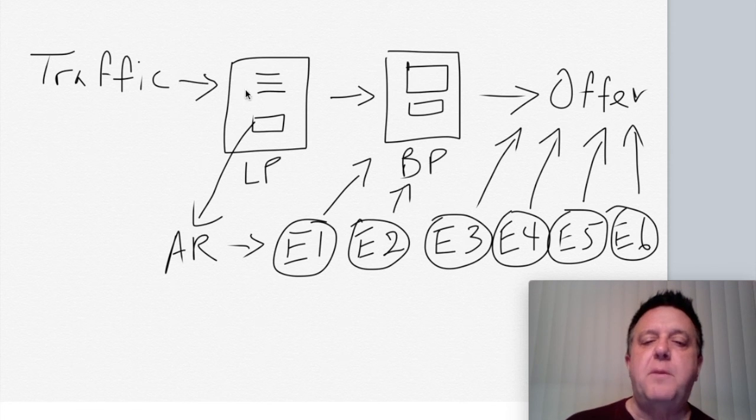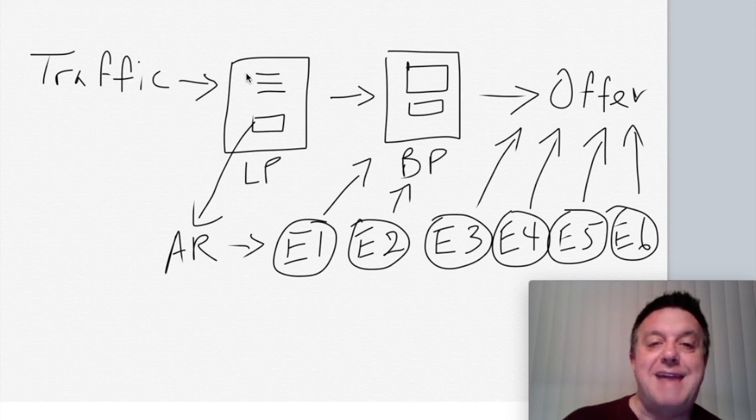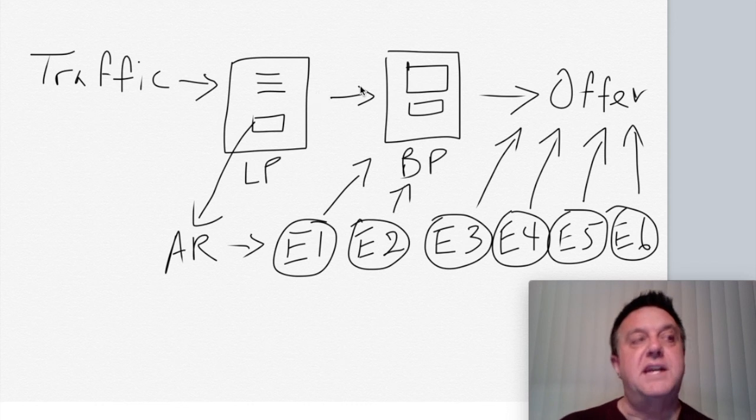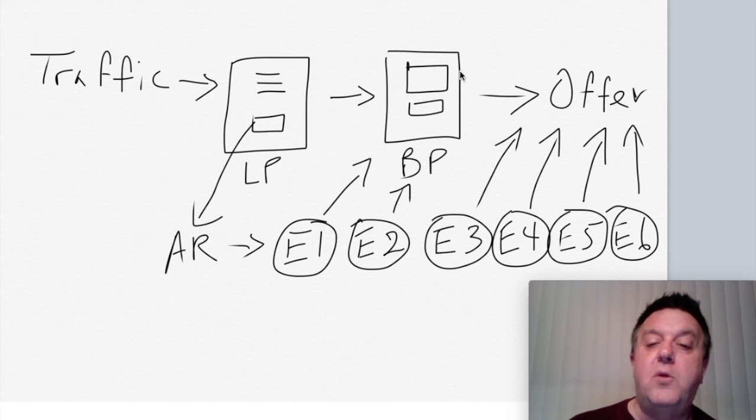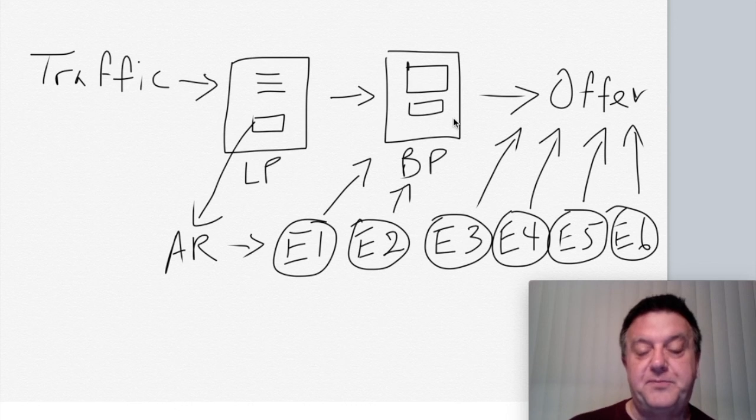So you send them to a page that you own called a landing page. It's got some information here at the top, an ad basically, and then you end up trading some additional information for their email address, which then goes to your autoresponder. And they're sent directly on to what we call a bridge page.